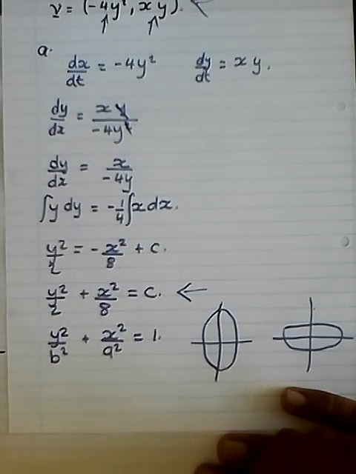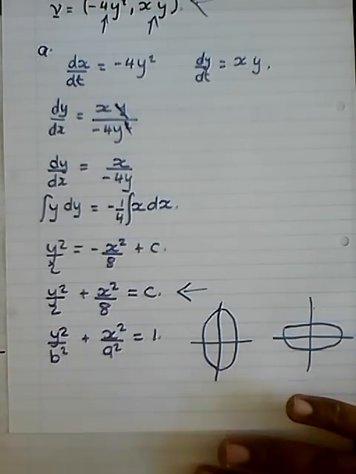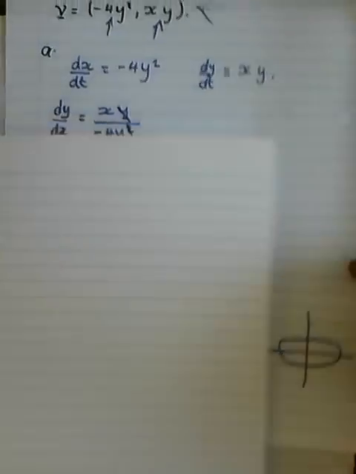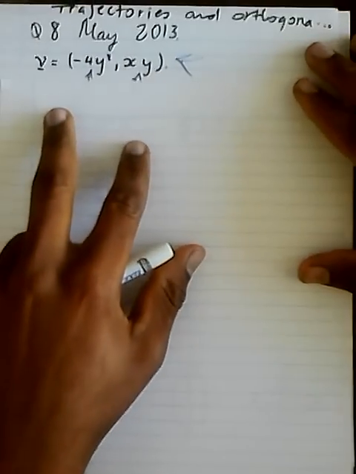Now let's go to part B of the question. It goes on to say find all orthogonal trajectories of this.